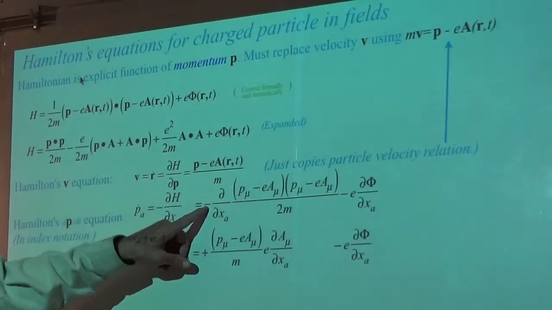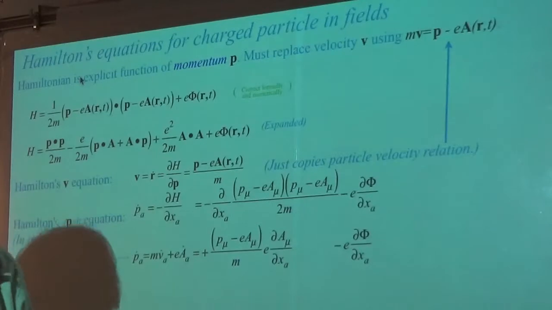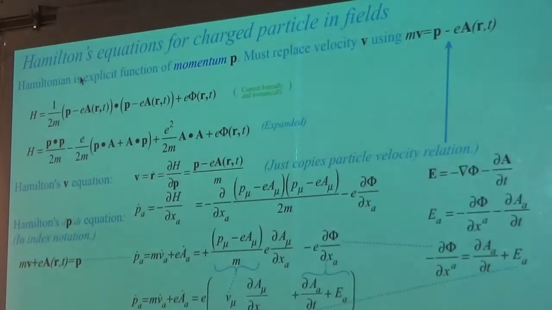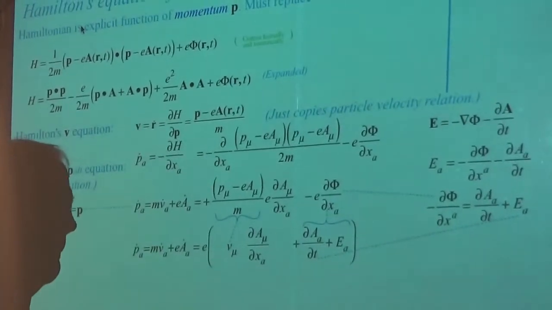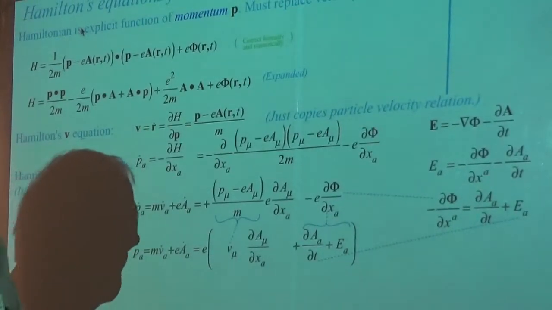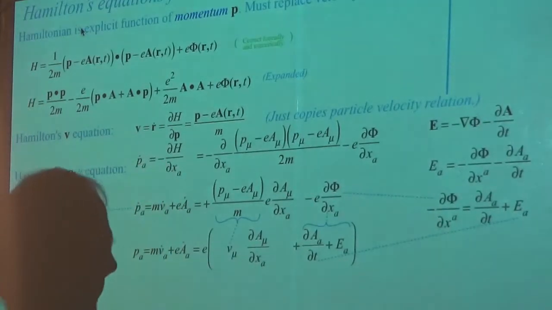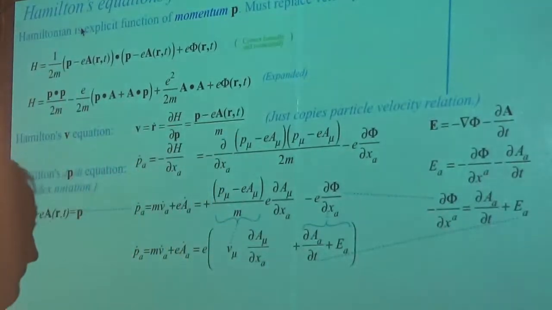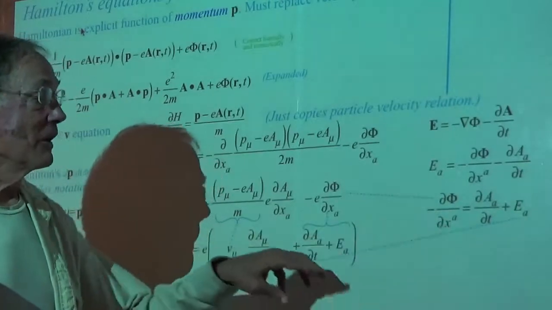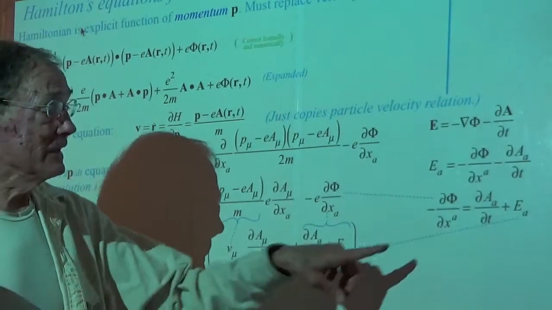I had a minus here before, I lose it because of that minus. And of course that one doesn't change. Okay? Now, this thing right here is velocity again. You can bring these guys in here. Now this is our definition of E. So I can use that to write negative gradient of phi as partial A with respect to t plus E.